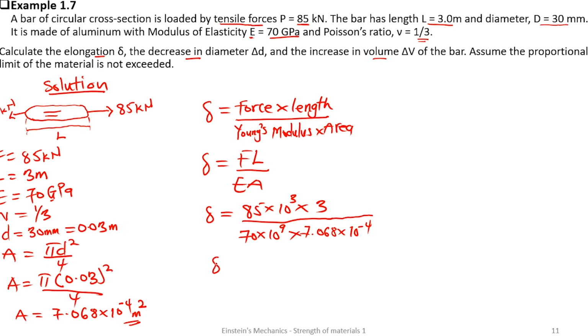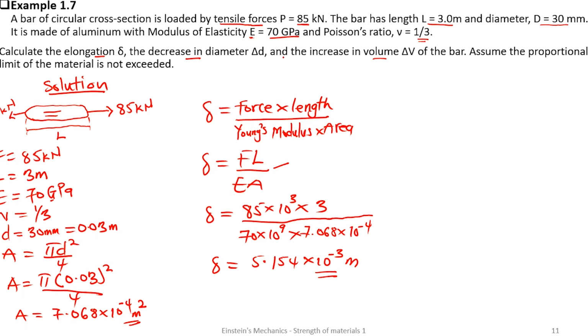And we are getting the elongation produced as 5.154 times 10 raised to the power negative 3 meters. So you have your formula, you have your force, your length was given, your E was given, and your area. Since you have the diameter, you can calculate for the area.